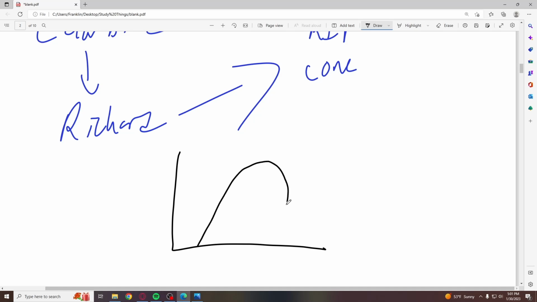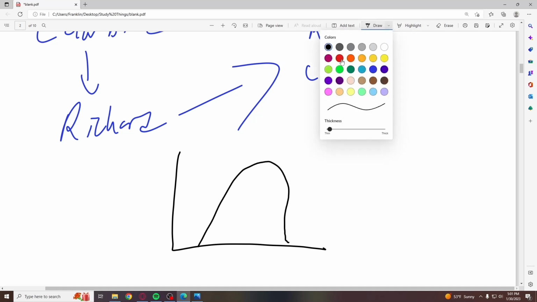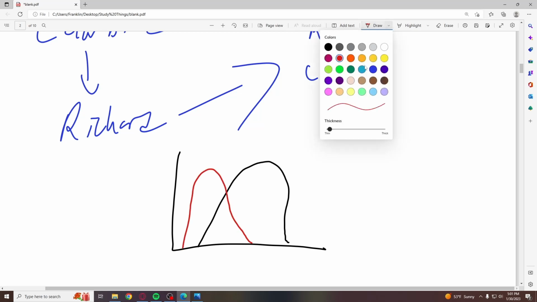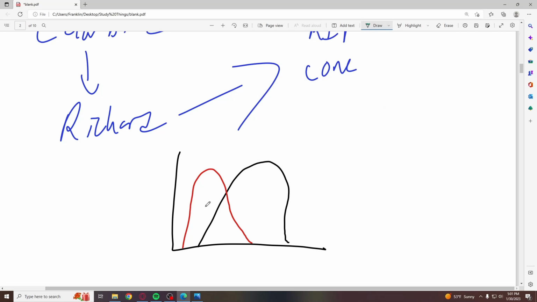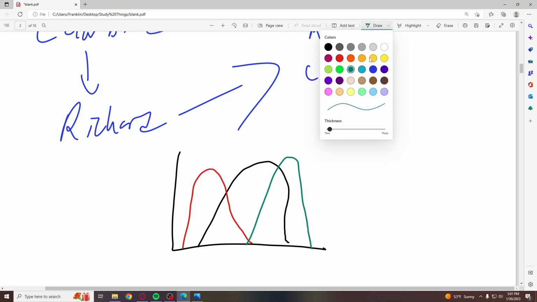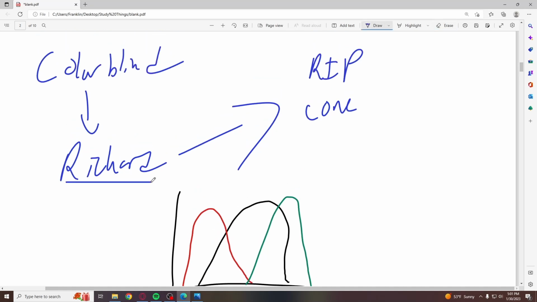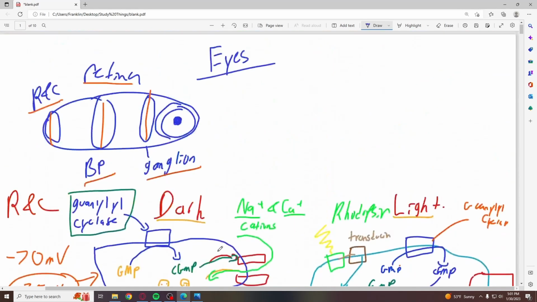Here's like normal vision, here's like RGB vision, and here's the G vision, and there's the B vision. That's kind of what I remember of it. And so if you're colorblind, you're missing one of these, and it's like, wow, Richard, you suck. And yeah, that's my fun fact, and this is how the eyes work.